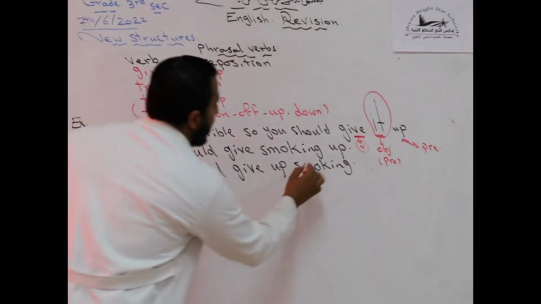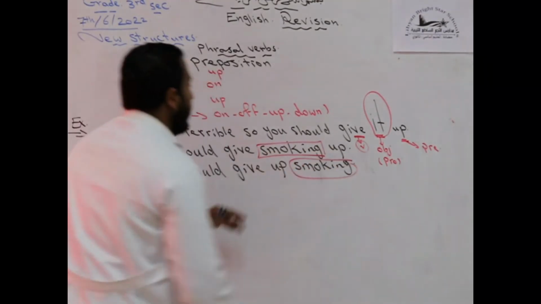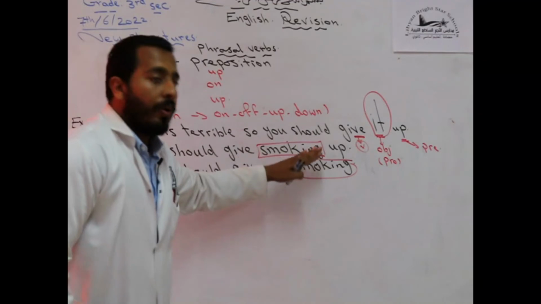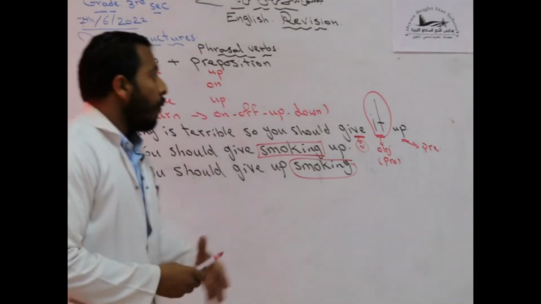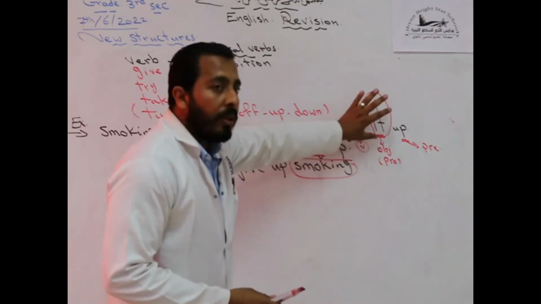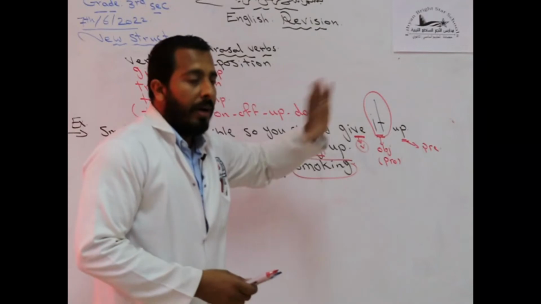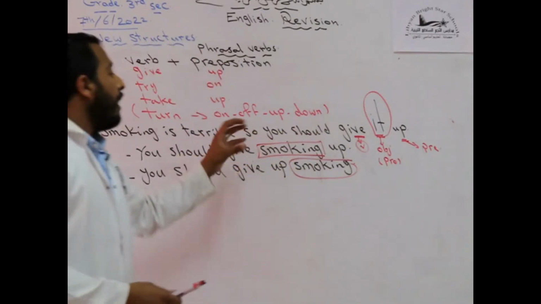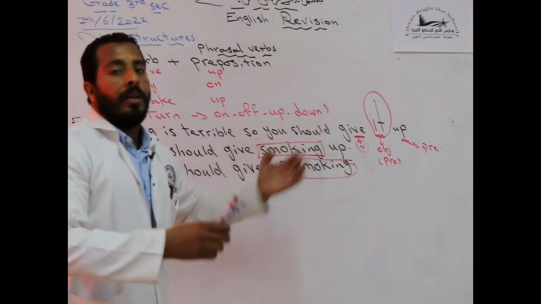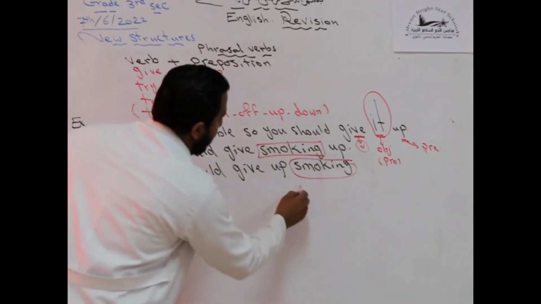But if the object is a noun, like smoking, we can use them before or after the preposition. With some phrasal verbs, pronoun objects لو المفعول ضمير must come before the preposition. لازم استخدمه قبل حرف الجر. But if the object is a noun, we can use them after or before the preposition. قبل أو بعد حرف الجر.